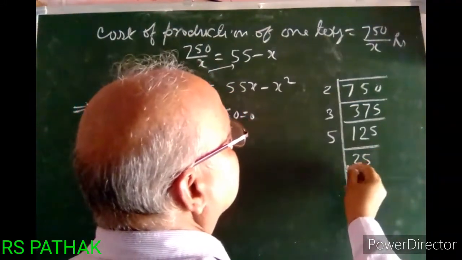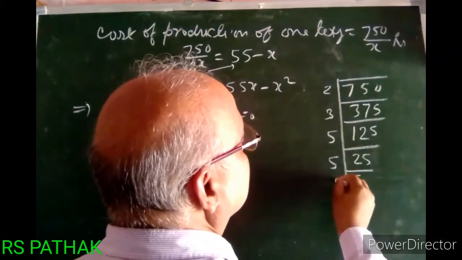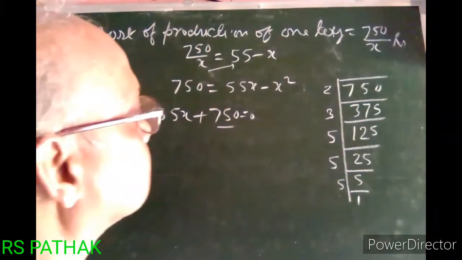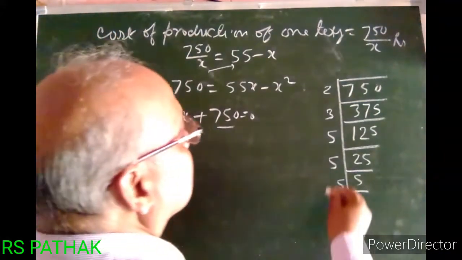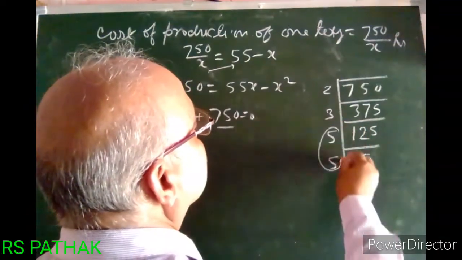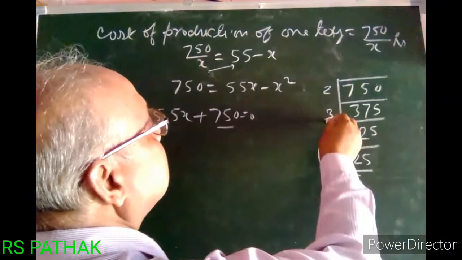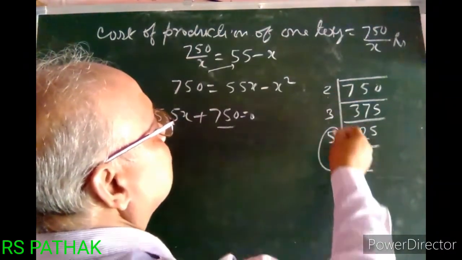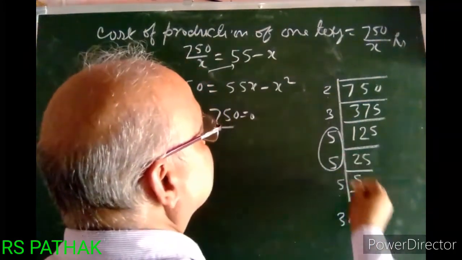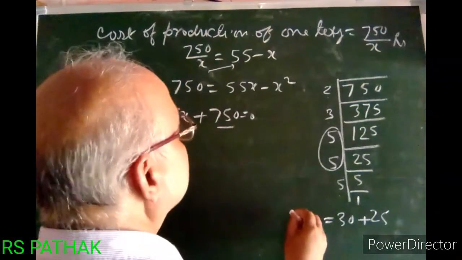By 5: 5 5s are 25. By 5: 1. Here 5 5s are 25. I am taking 5 5s are 25, and the remaining 5 into 3 into 2 is 30. 30 and 25, this will be 55.